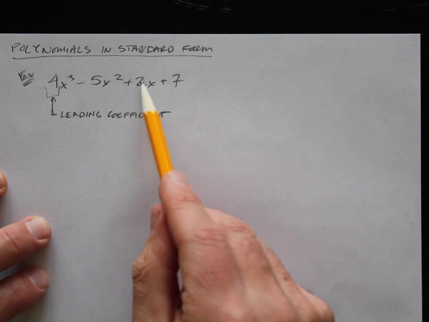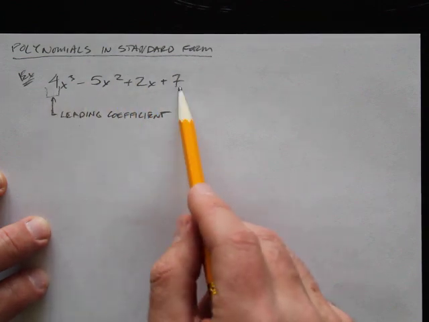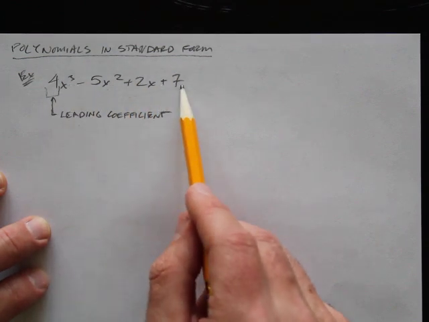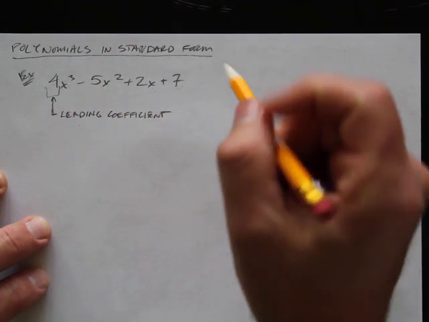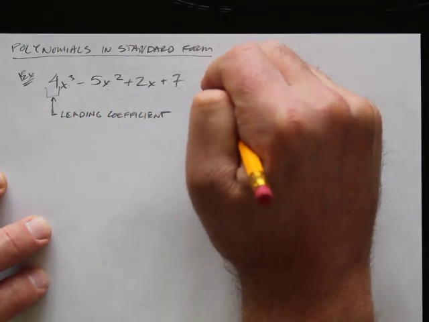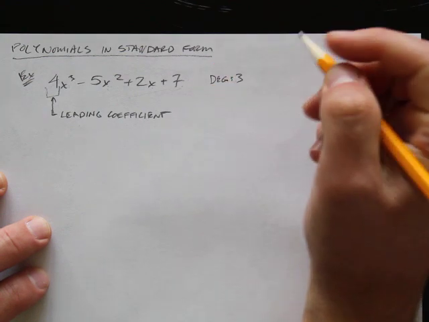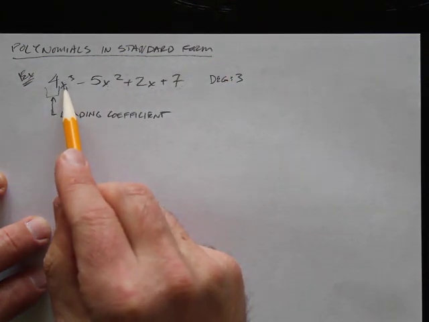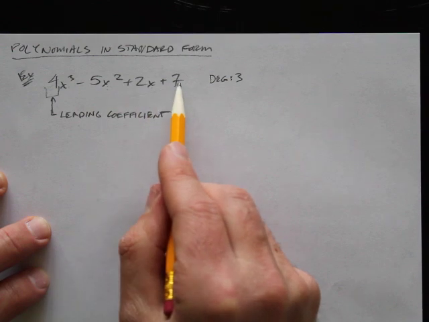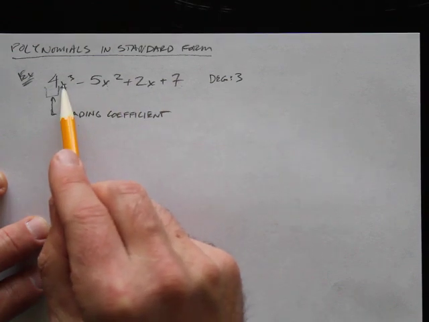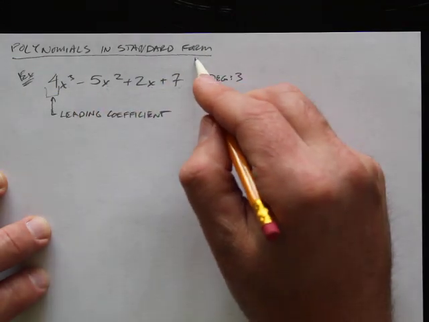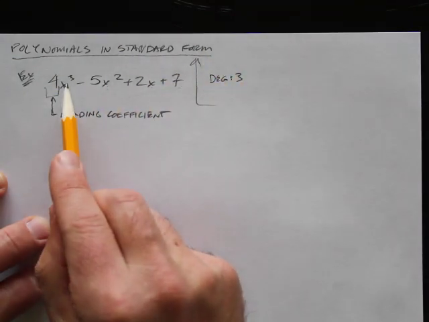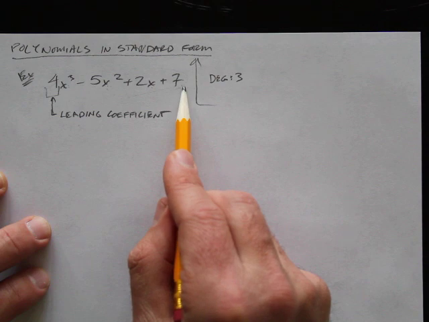Now this polynomial has a degree of, so this would be 0, this would be 1, this would be 2, this would be 3. So the degree for this one is 3. The greatest degree of the monomials is this one, 3 degrees. So the standard form here, notice how it goes 3, 2, 1, 0.